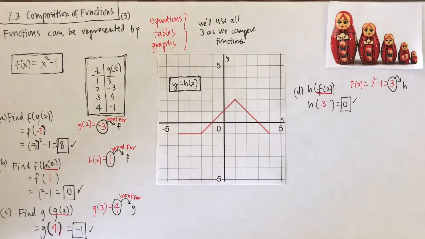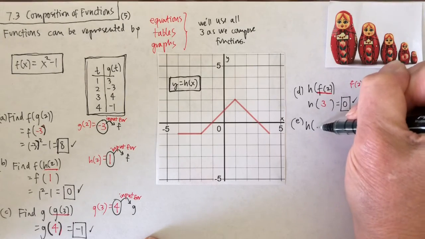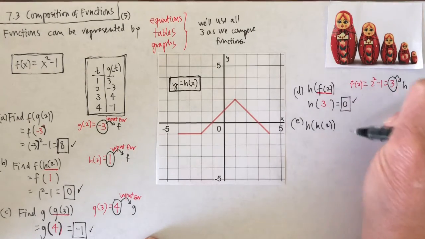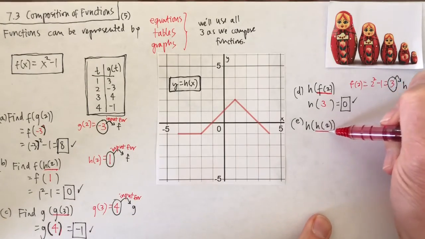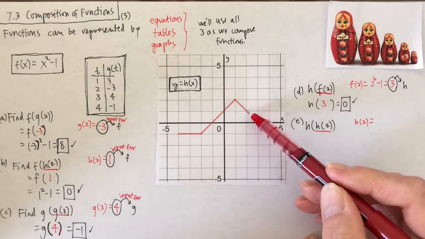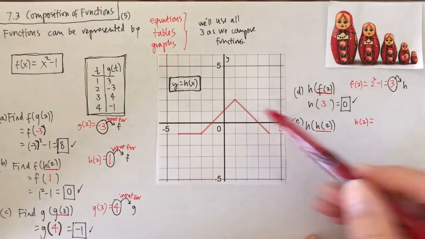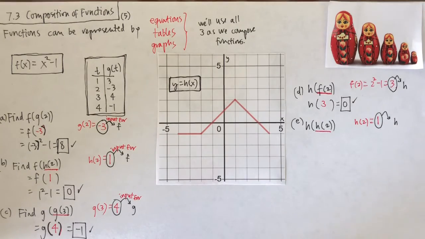Okay, let's compose h with itself. Let's do h of h of 2. Okay, so again, we start on the inside, h of 2, 1, 2. So h of 2, if my input is 2, this graph tells me my output should be 1. And so I'm going to take that output and use it as an input for h.